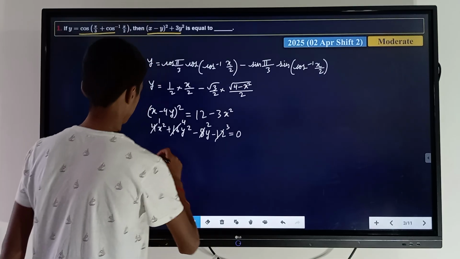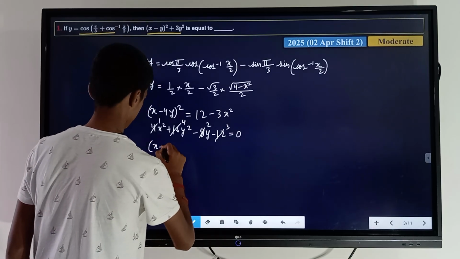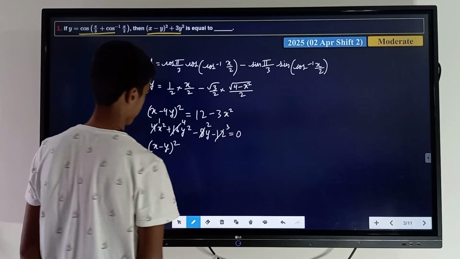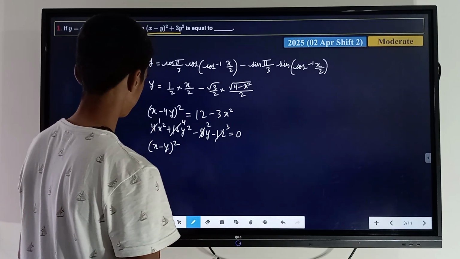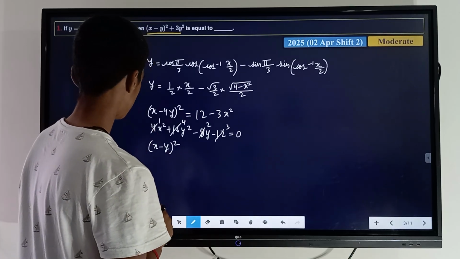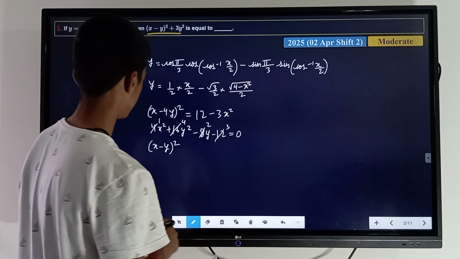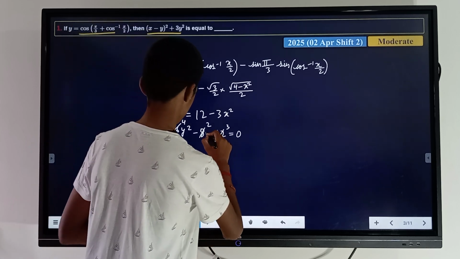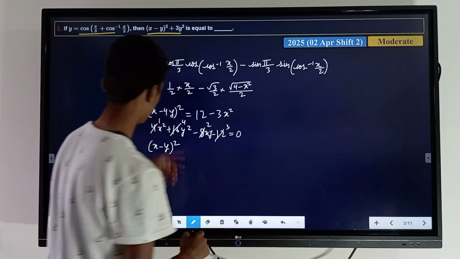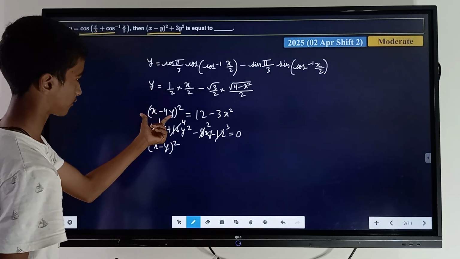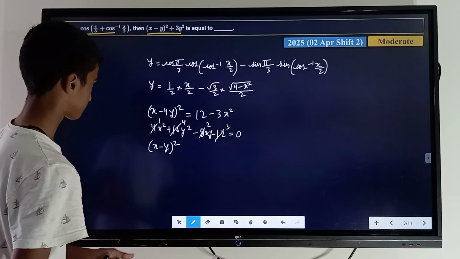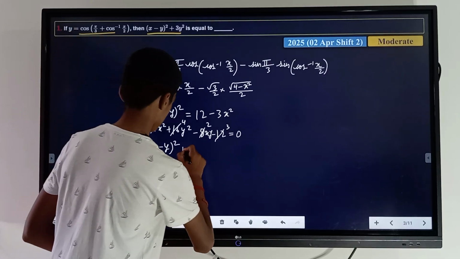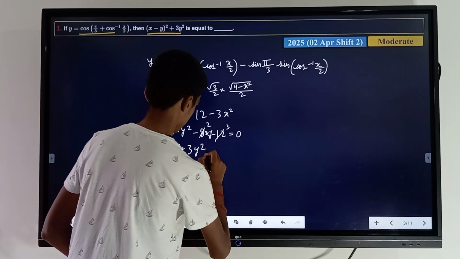So from here first let's make x minus y whole square. x minus y whole square. This is xy, not only y, because this is a part of this term. So minus 2xy. x minus y square, we will be left with extra 3y square.